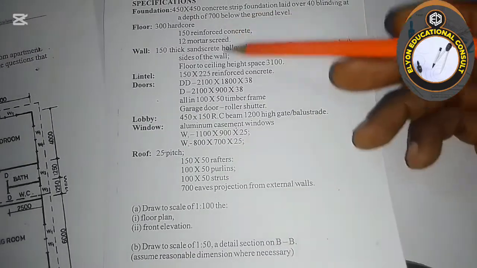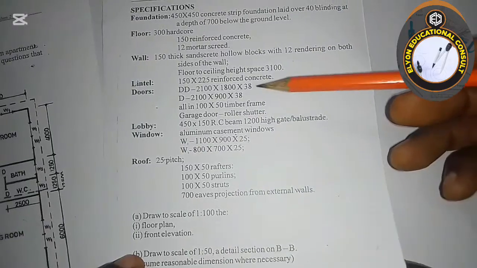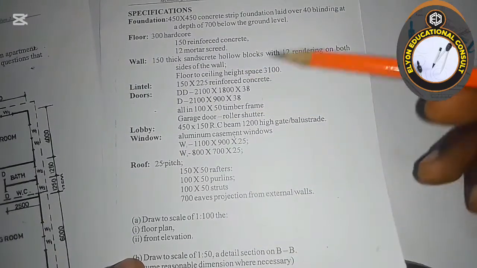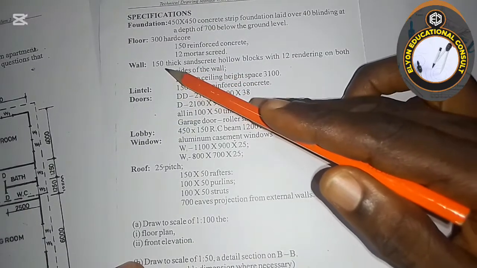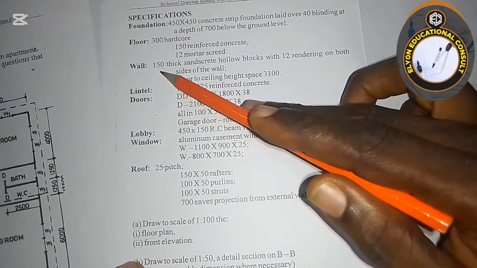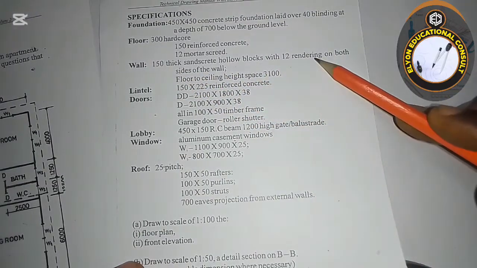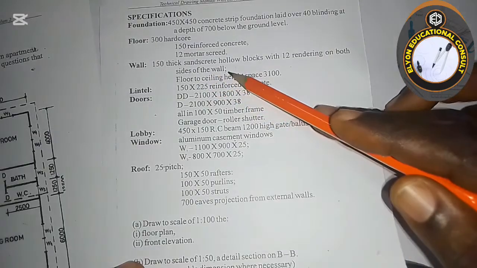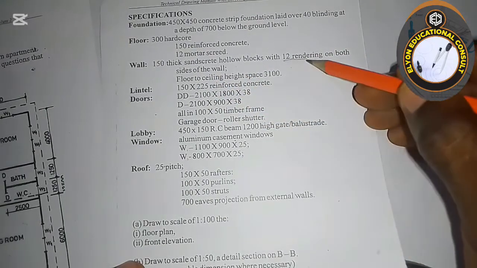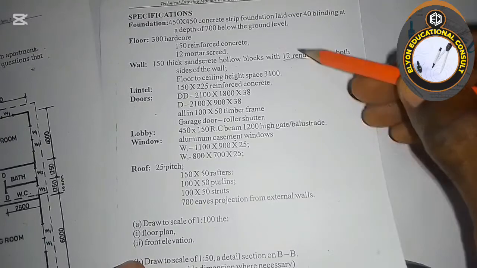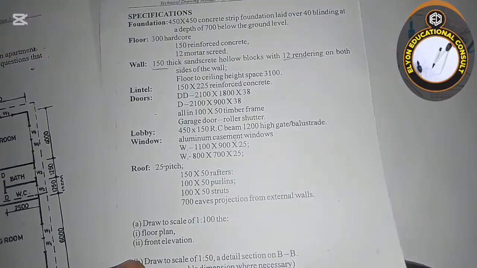Some, for example, we have the wall thickness. We are told that for this wall, 150 thick concrete hollow blocks with 12 rendering on both sides of the wall. Now you don't need this 12 rendering. I'll explain the meaning of this much more later. All we need is this 150 thick concrete hollow blocks.